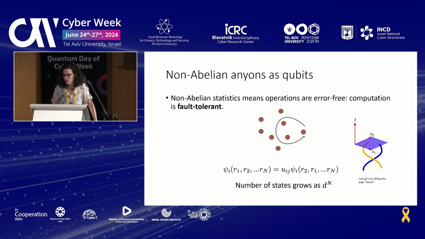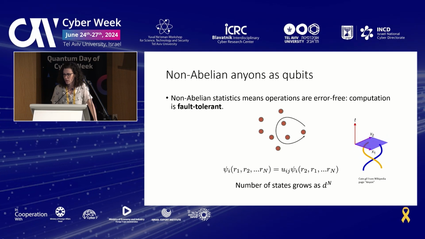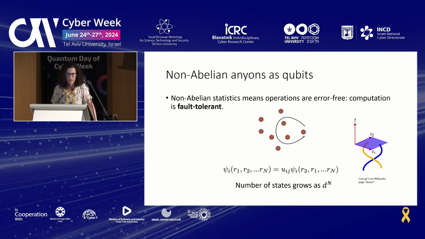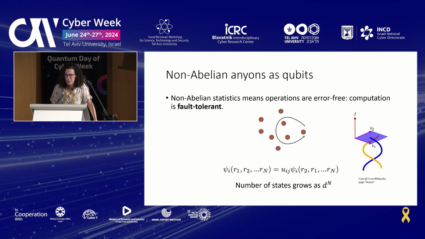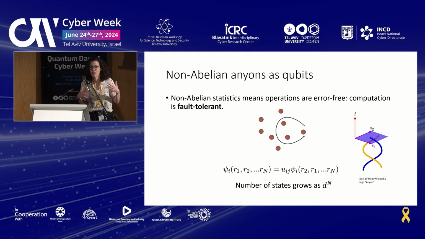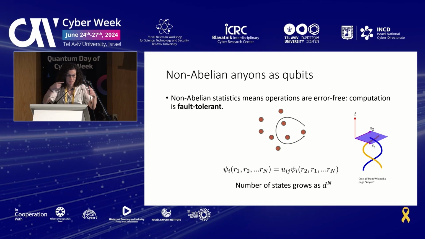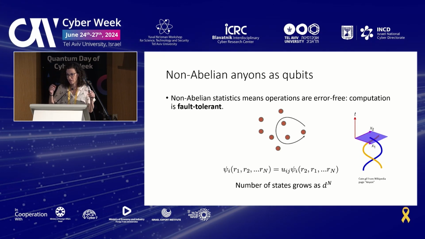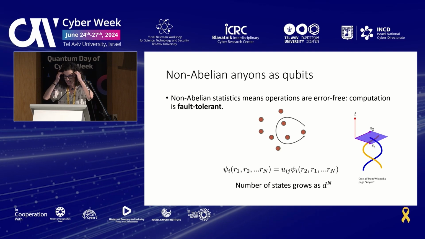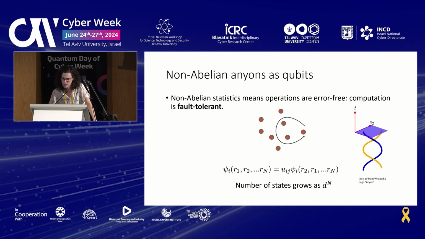And the reason it's fault tolerant is because if you look at this process, the lines, we call them world lines of these braids, they can wiggle and they can shake, but the topology of the trajectory of the particles around the other is what's important. It doesn't matter if the trajectory shakes a little bit, it just matters if this one went around that one. And this is highly immune to errors.